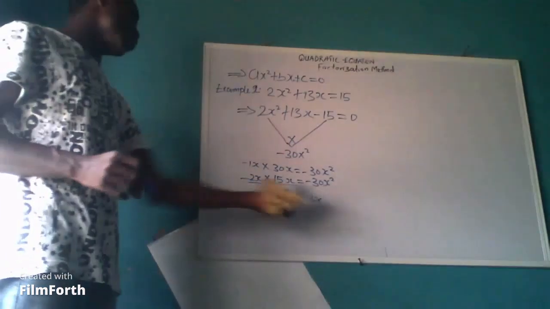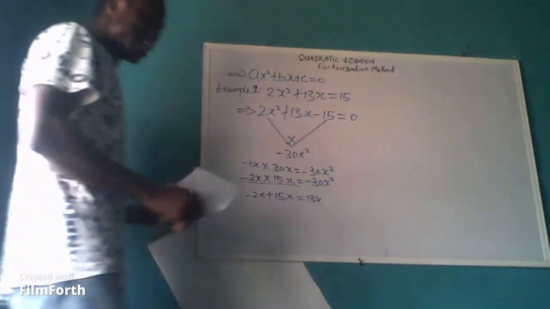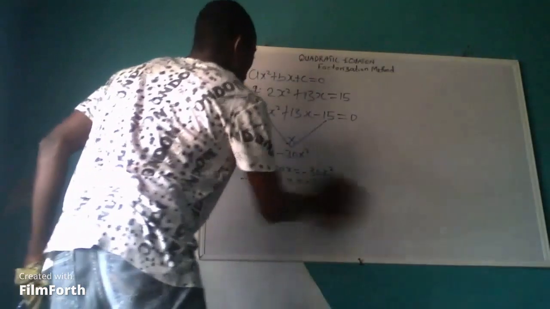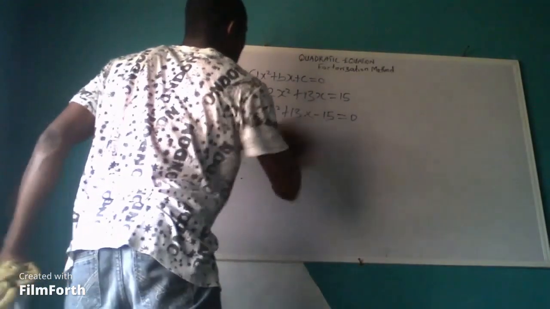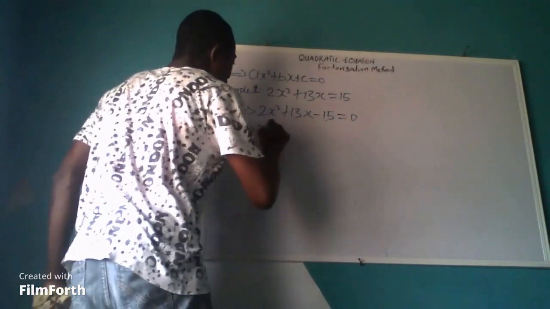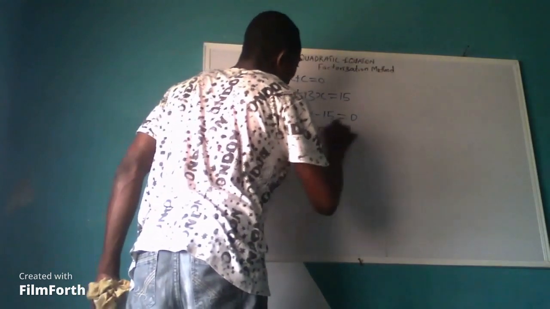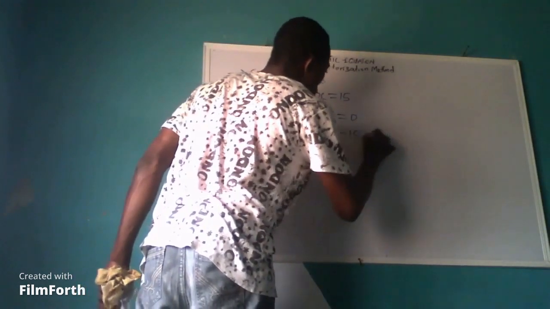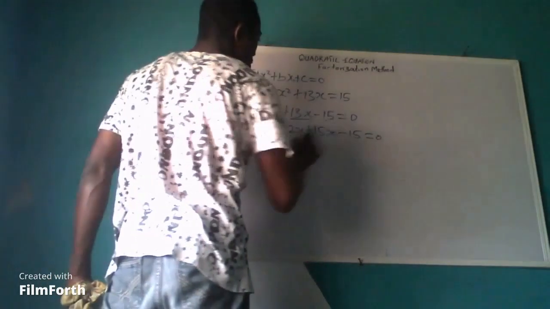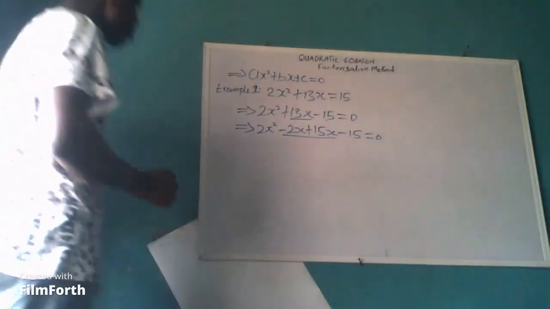Wherever we see 13x, we remove it and replace it with minus 2x plus 15x. That leads us to the next step, which implies that 2x squared minus 2x plus 15x minus 15 equals 0. If you look very well, this is what we removed and replaced, which is still the same thing.